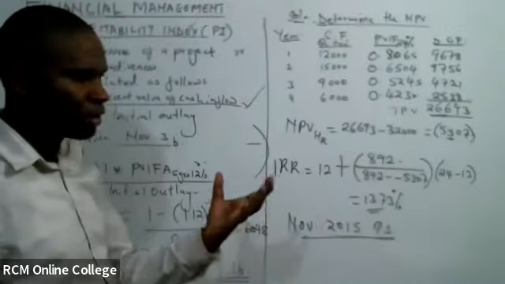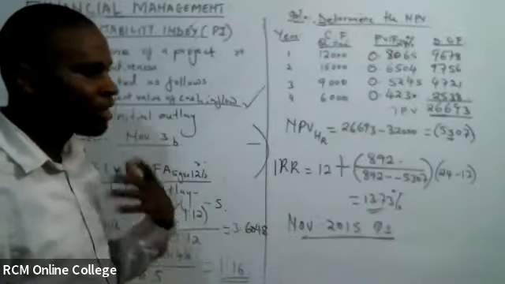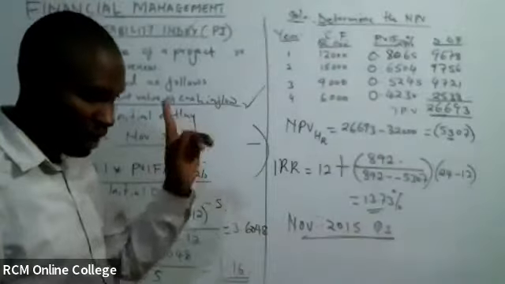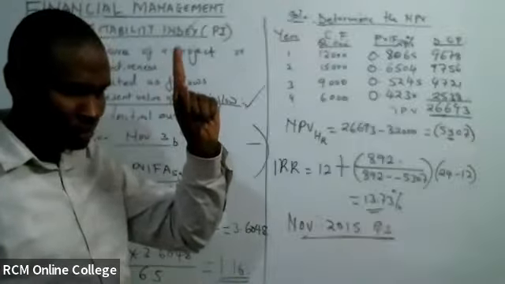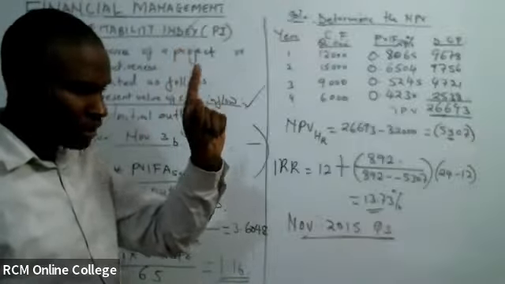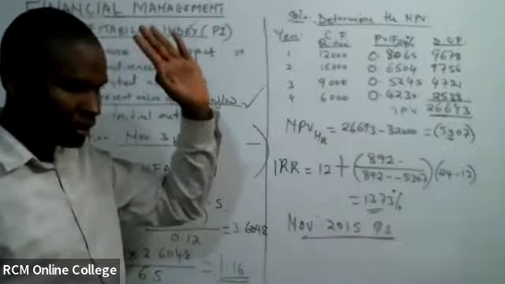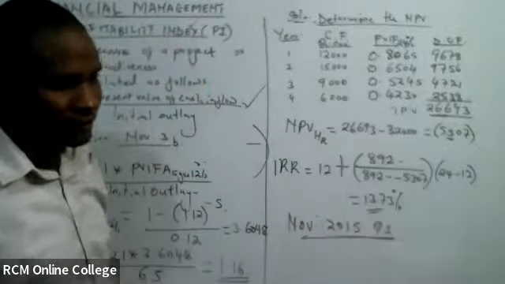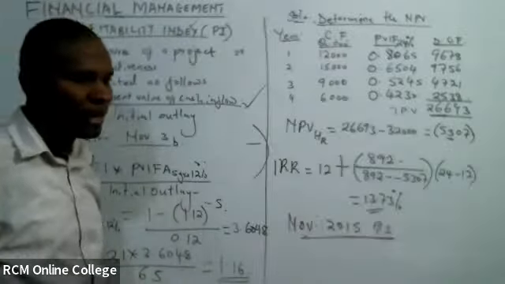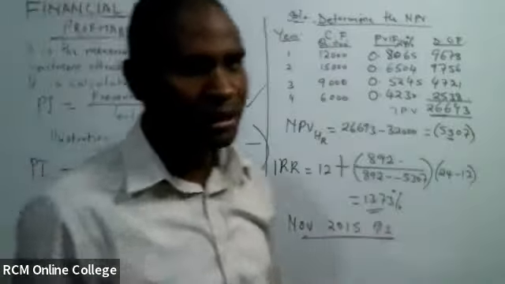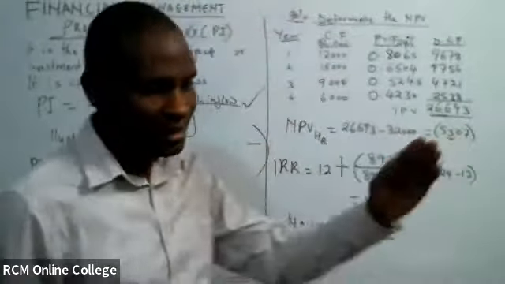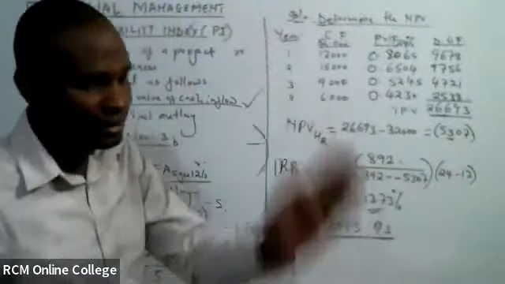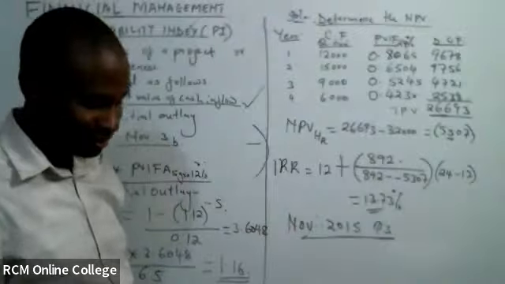And that's why, when we interpret, we say if the PI is greater than 1, accept the project. If the PI is greater than 1, accept. If it is less than 1, reject. If it is equal to 1, may accept. That's all, and we're done.